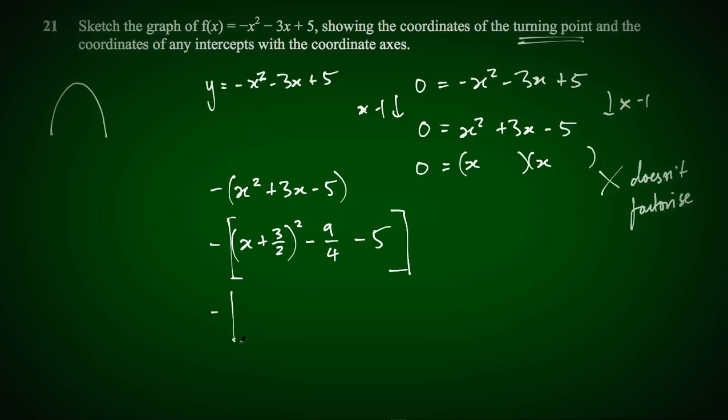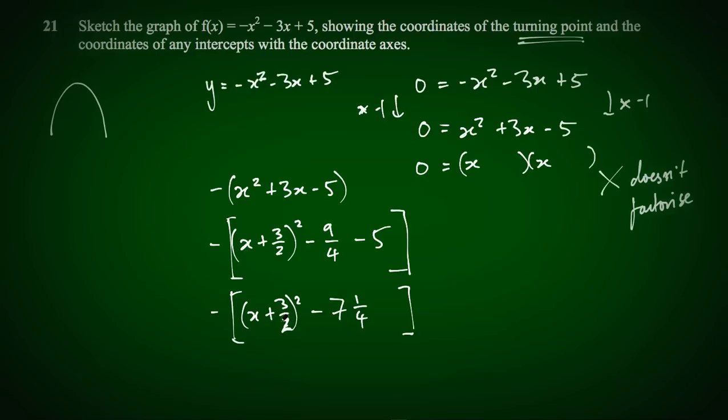So that's minus, still keeping these brackets around it all, (x plus 3/2) squared. That is 2.25 plus 5, so that is minus 7.25 there.